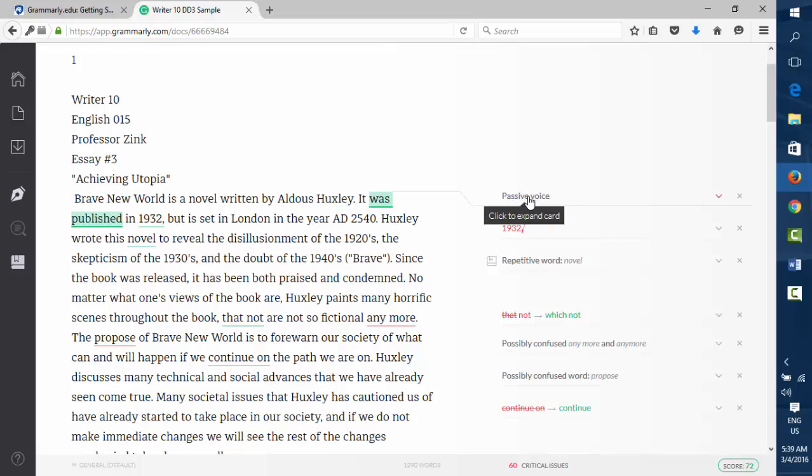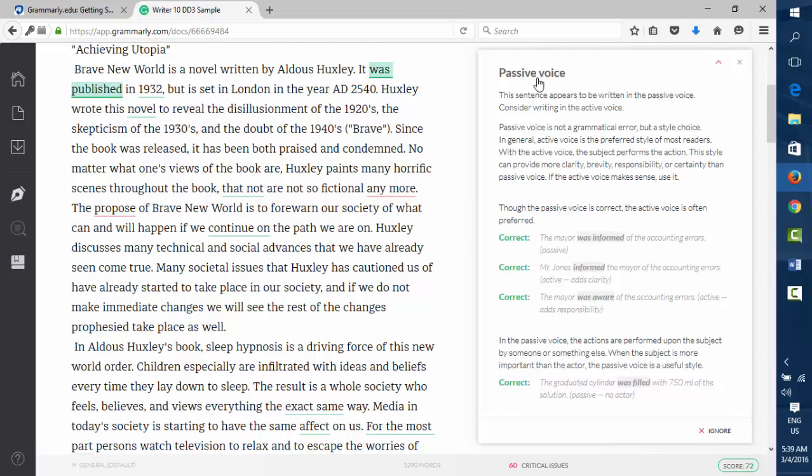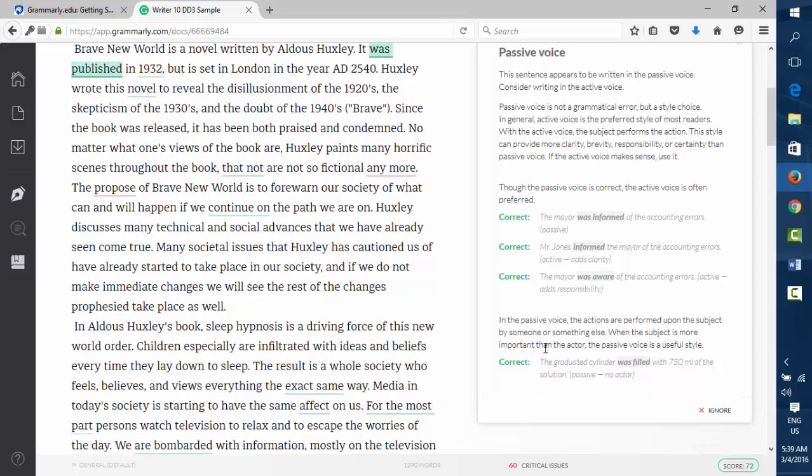and these cards that it has, see how it says click to expand card. If you click on this, see it says passive voice. Most of them have these cards there, and what the cards do is they basically give you a definition or a description or an explanation of what passive voice will be, or the grammar or usage rule, and then they'll give you examples of correct or incorrect.